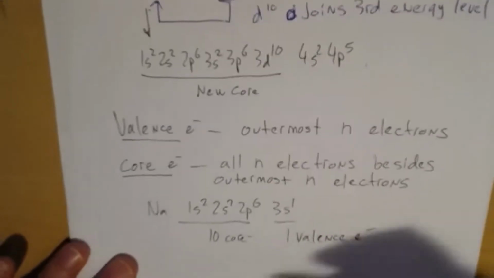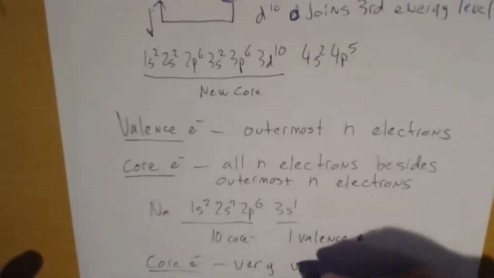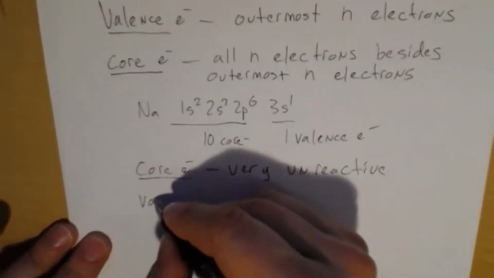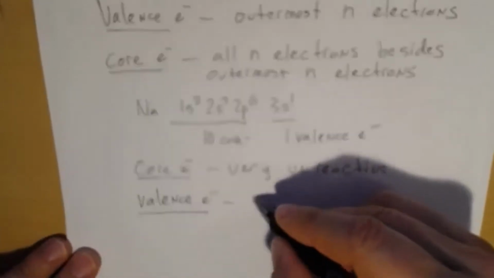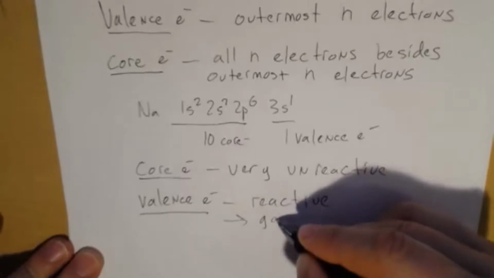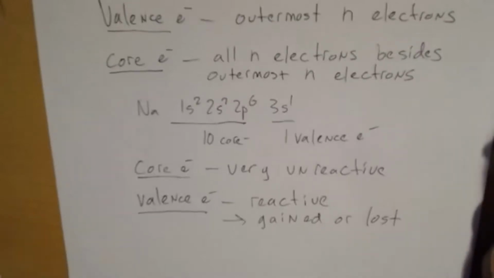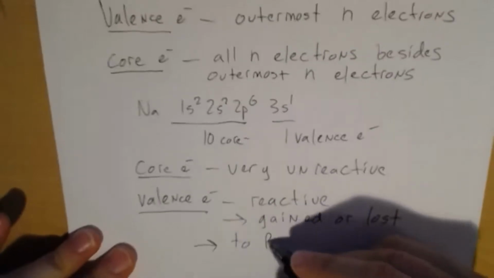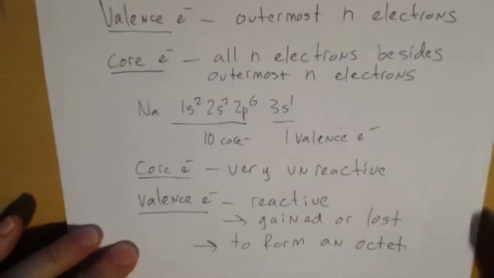And the core electrons are very unreactive, whereas the valence electrons are reactive, meaning they can be gained or lost. And usually they're gained or lost to form an octet. Okay.